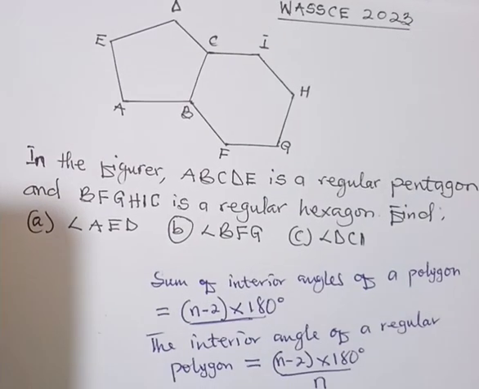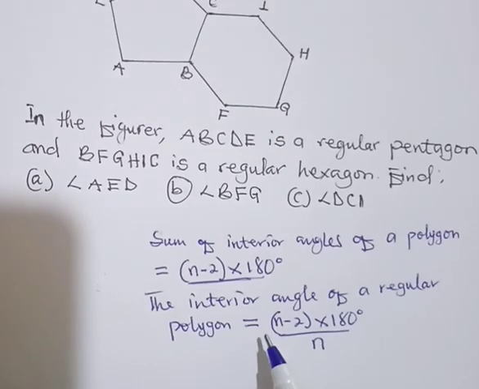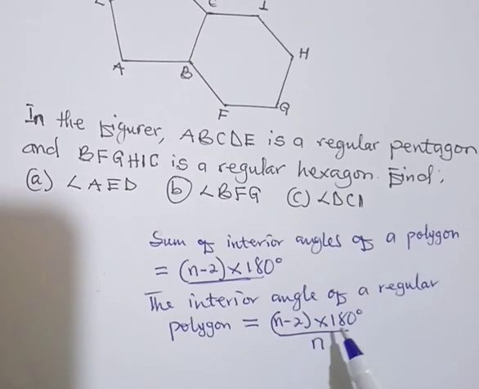Good. With this one, we are not talking about just any polygon, we are talking about a regular polygon. So, interior angle of a regular polygon. Using this formula, you can find each of the angles.